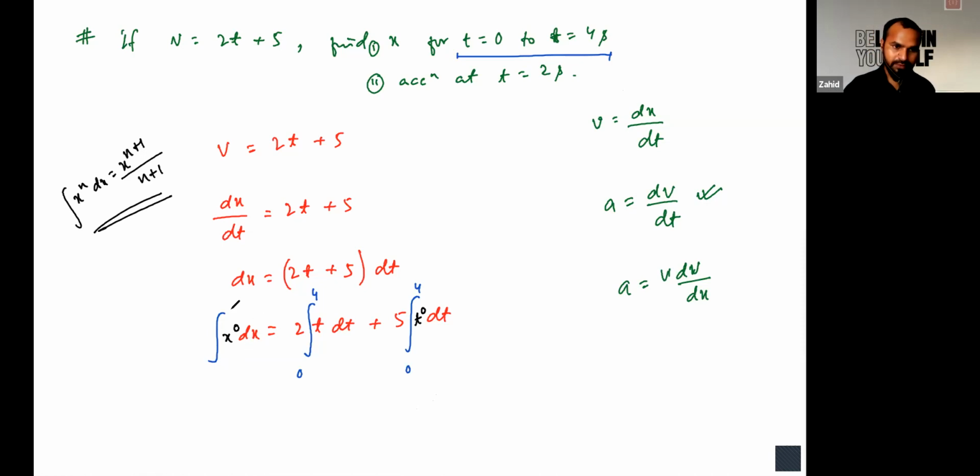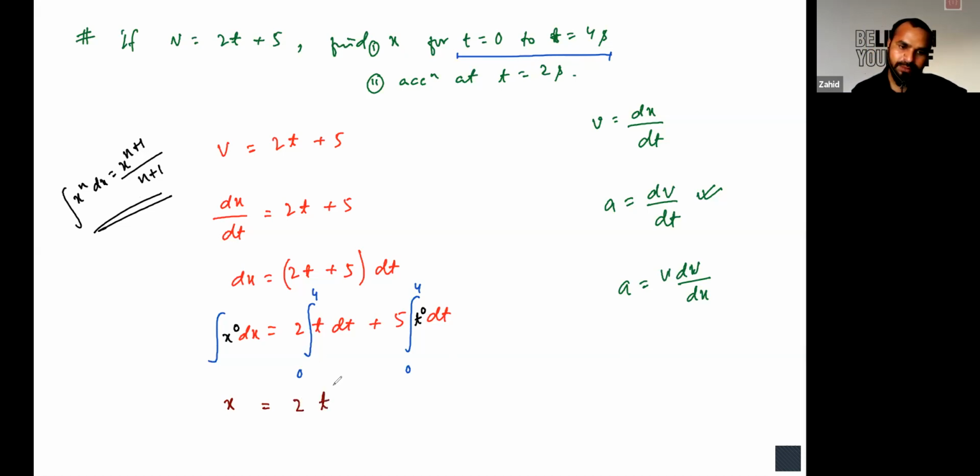Tell me the integral of this part. Tell me the answer. Here we have x raised to the power 0. On integrating, it will be nothing but x raised to the power 1. Good, Salman. 2 is a coefficient here, t raised to the power 1.